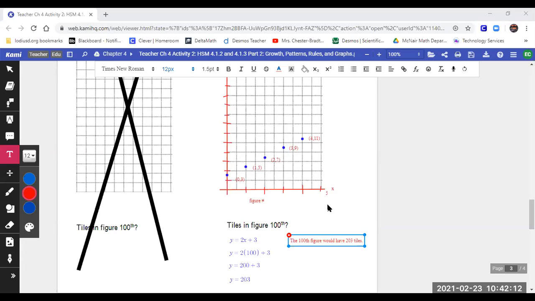No is the correct answer. Why? Can I have 3.2 figures? Can I have 7.2 tiles? Can I have those situations?